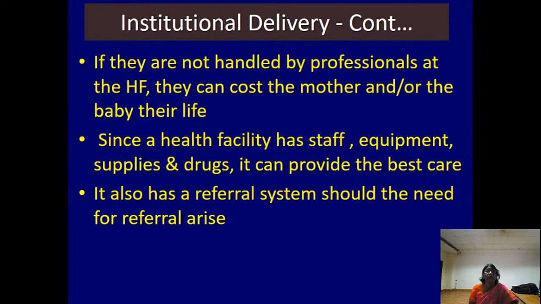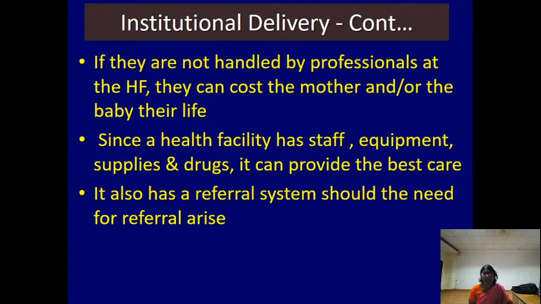If they are not handled by professionals at a health facility, they can cost the mother and the baby their lives. Death of the mother or the newborn can occur if they are not handled by the professionals at a health facility. Who are the professionals? Again, they are all called skilled birth attendants.